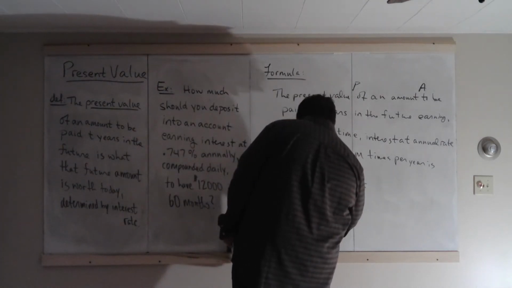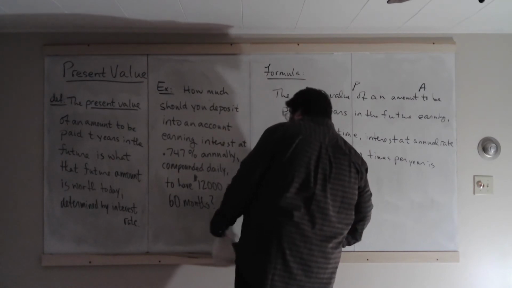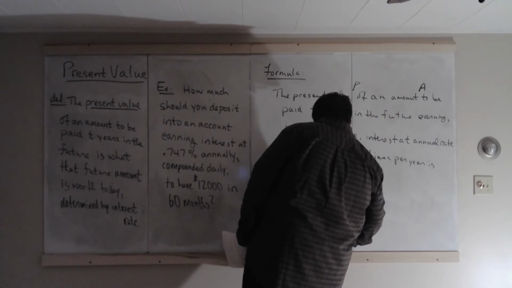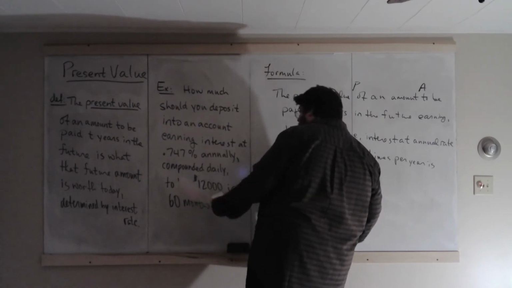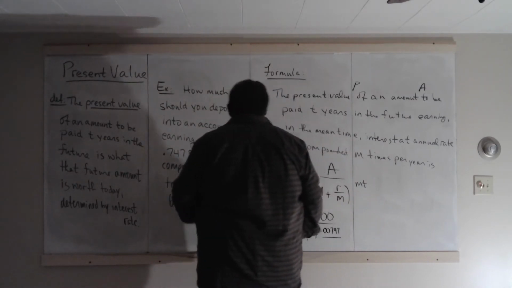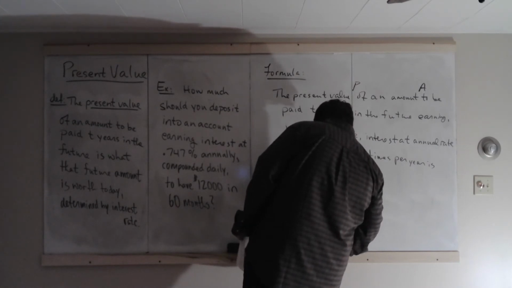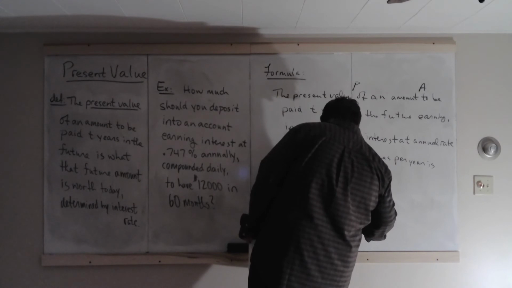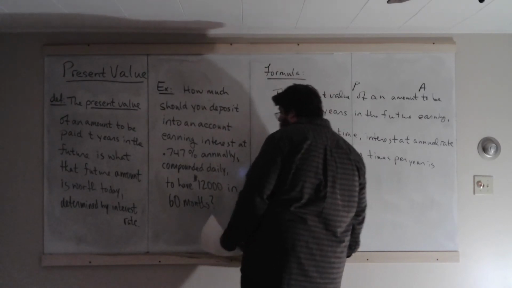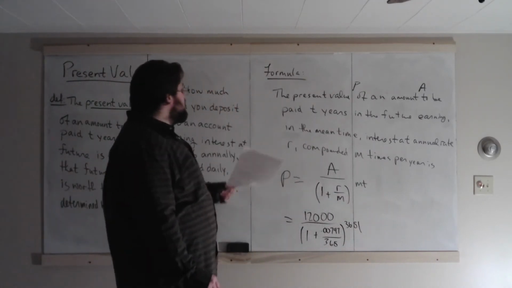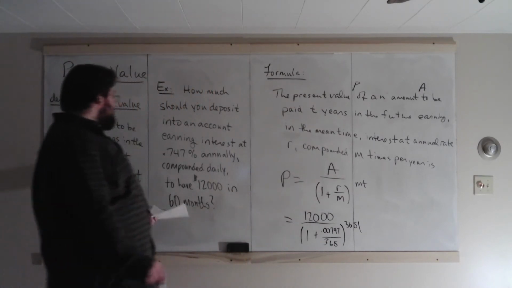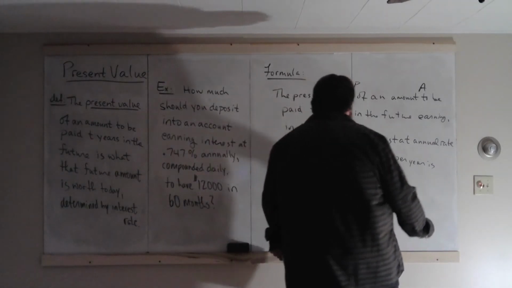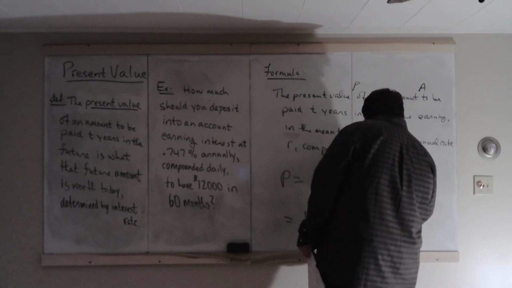So 12,000 divided by 1 plus R, 0.00747, divided by m, compounded daily, so divided by 365, all raised to the m, so 365 times t. What's t? Well, t is in years. We have 60 months here. 60 months is 5 years. So you could do the unit conversion, 60 times 1 over 12.